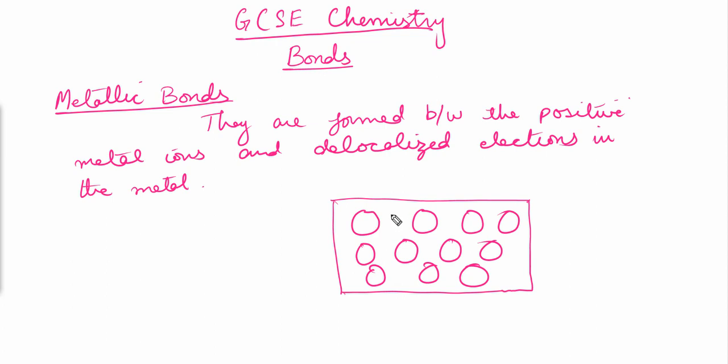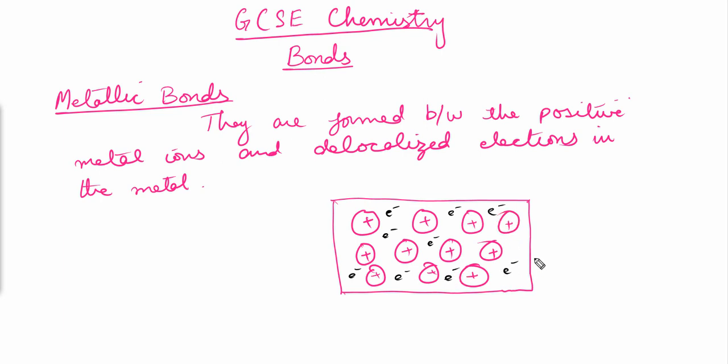Alright, so they have positive charge. And now we have a sea of electrons that are available around these positive ions. So we have the electrons, they are just randomly moving around in the metal. So these are the electrons that are just moving around.